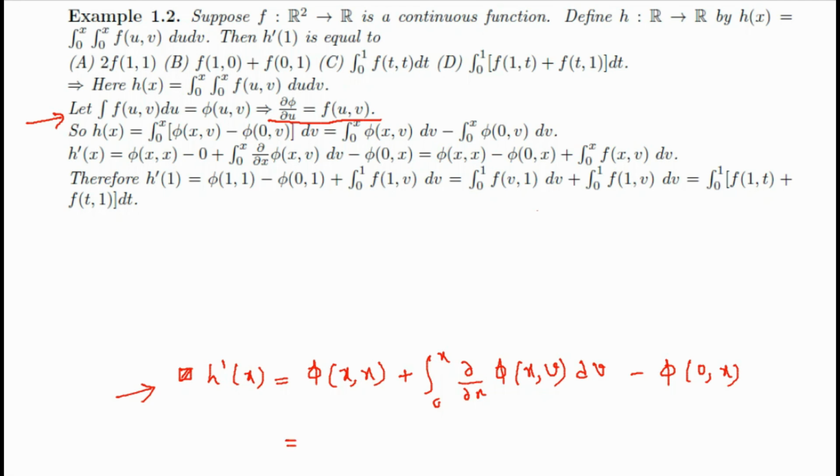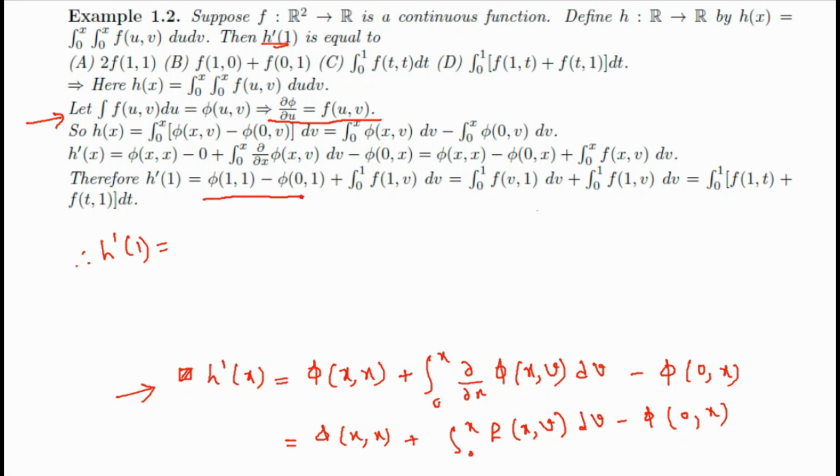So this is phi xx plus integral 0 to x f of xv dv minus phi of 0x. Therefore h dash 1, according to the question, is phi 11 minus phi 01, so x equal to 1 here.